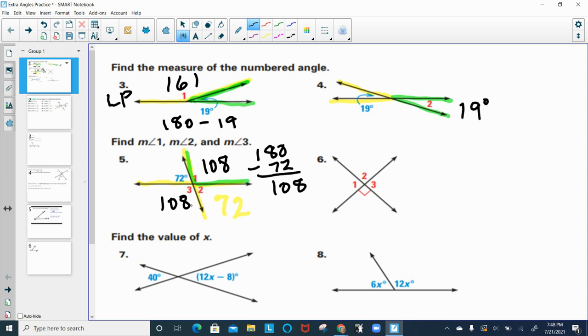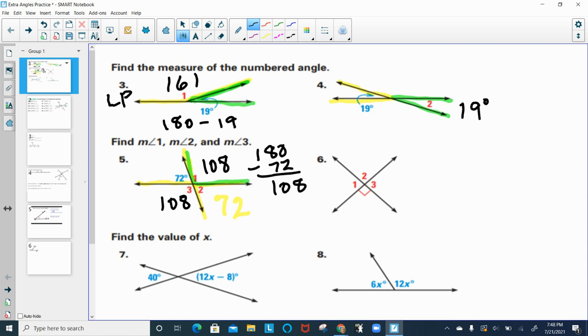You have a linear pair here down below. And then if you look here, you have a linear pair on the right. Angle 1 and angle 2 are a linear pair. And angle 3 and the 72 are a linear pair. So anytime that you see a situation like this, you're going to see it again in number 6. You're going to have 4 linear pairs and 2 pairs of vertical angles.